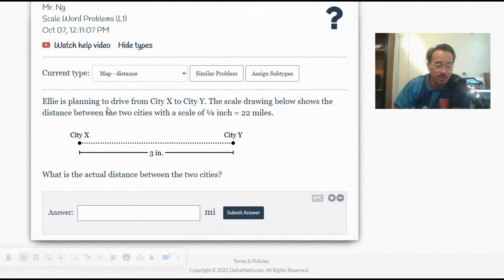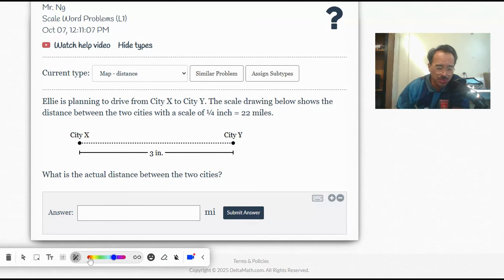So, Ellie is planning to drive from city X to city Y. The scale drawing below shows the distance. Okay, so now, this is the key, right? This is the scale. Let's see if I can do it in red. Right here. A quarter inch is 22 miles. Now, they're telling you, they measured it for you.